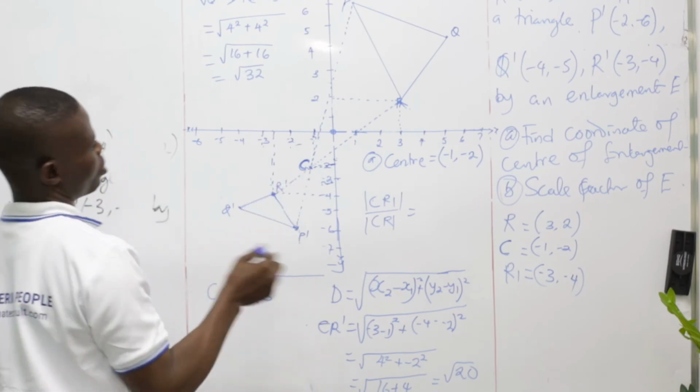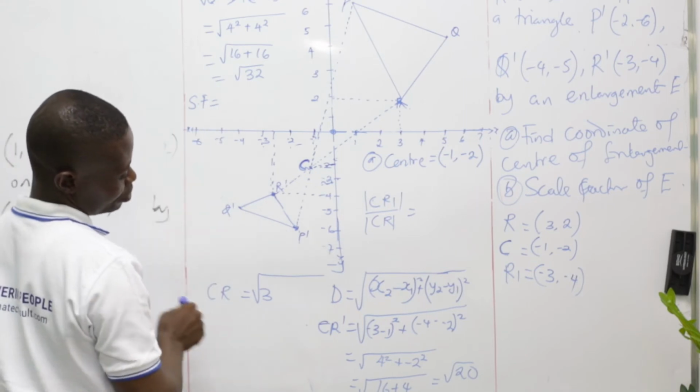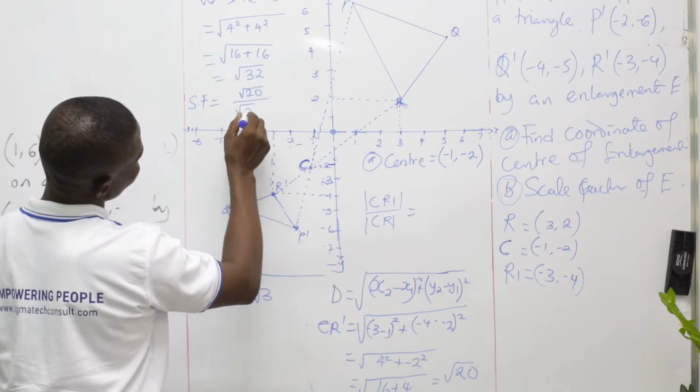Then the scale factor, SF, equals what? Root 20 all over root 32.